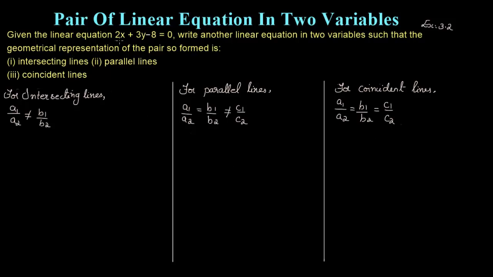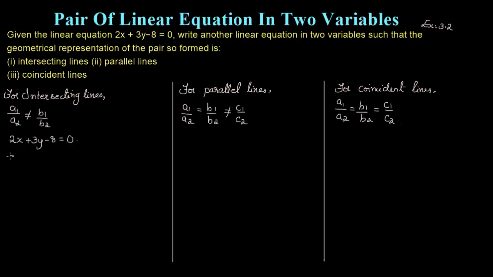Okay, so this is your one equation, that is 2x plus 3y minus 8 is equal to 0. You need to form one equation where the two lines should be intersecting. So A1 by A2 should not be equal to B1 by B2.